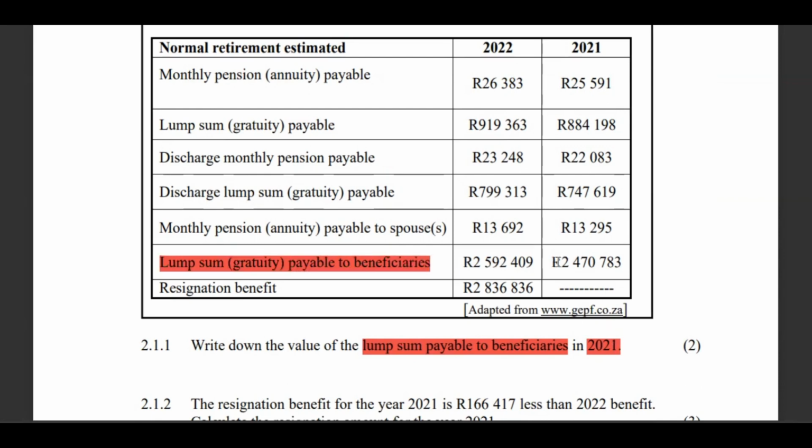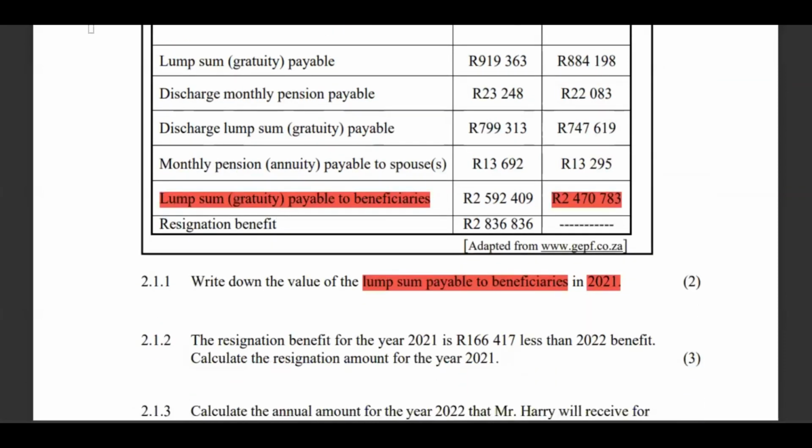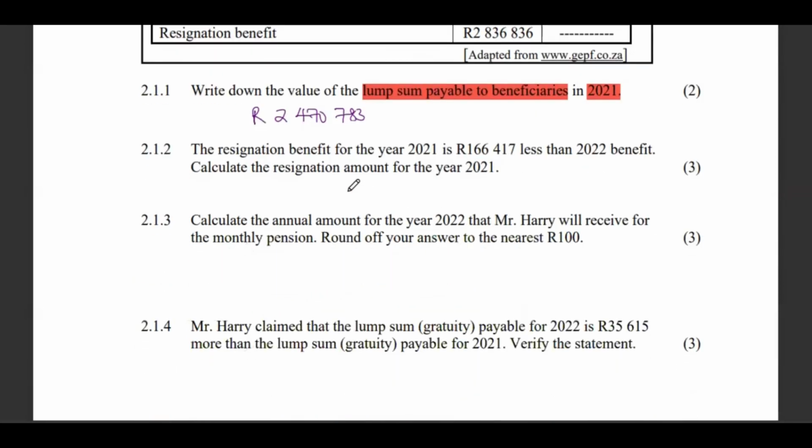Which year? 2021. It's this much. So when you come down here, also write that: 2,470,783 rands. That's the beneficiary amount we're looking for.